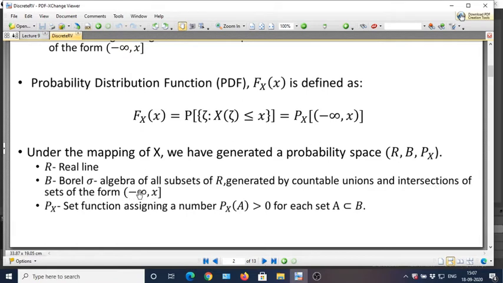We will see that if we have all sets of this form, then all events of interest to us will map to intervals whose probability measure is what we are interested in. So P_X is a set function assigning a number P_X of A, which has to be greater than or equal to 0 for all sets A which are elements of this Borel field.